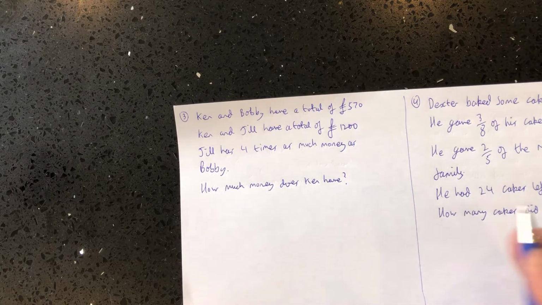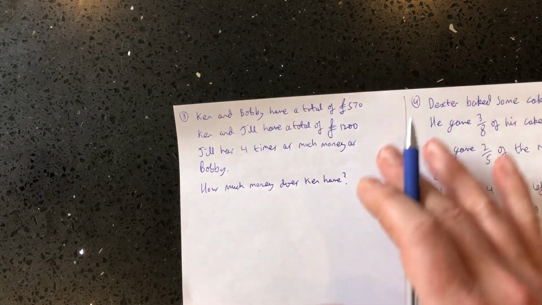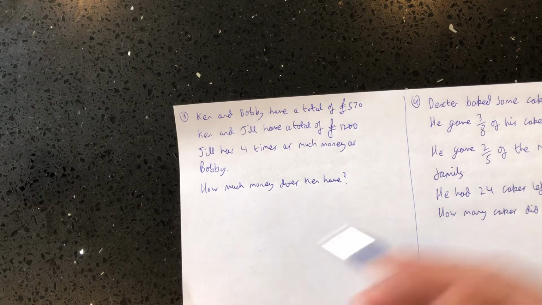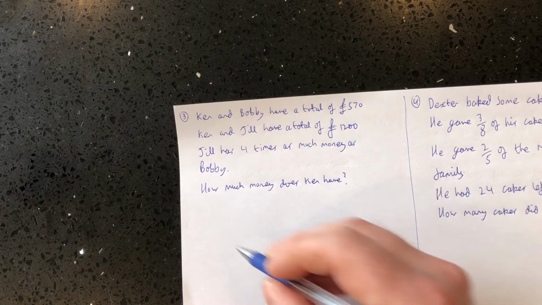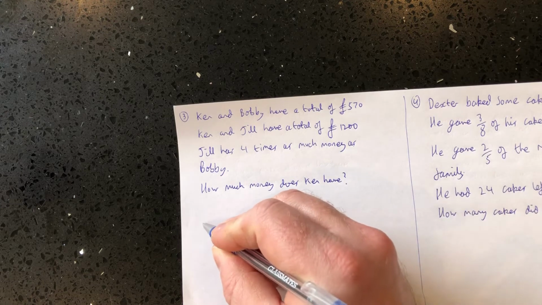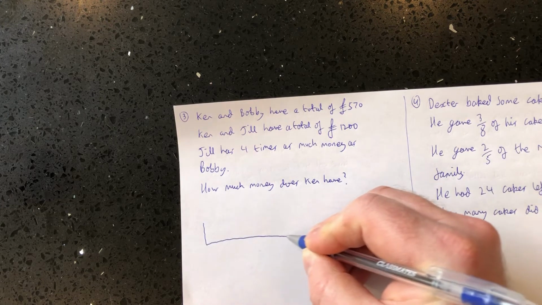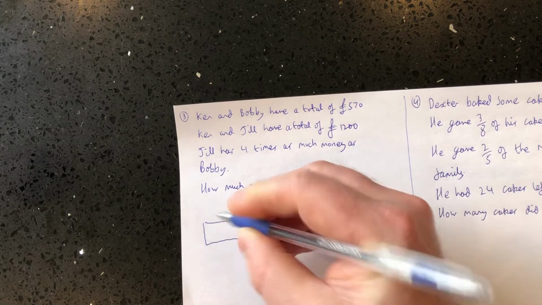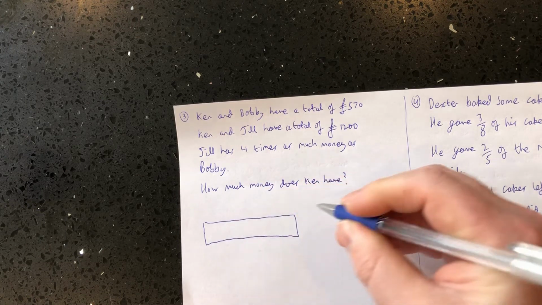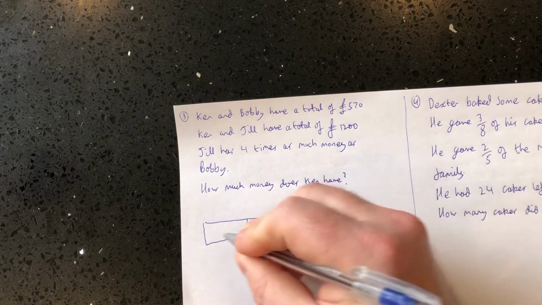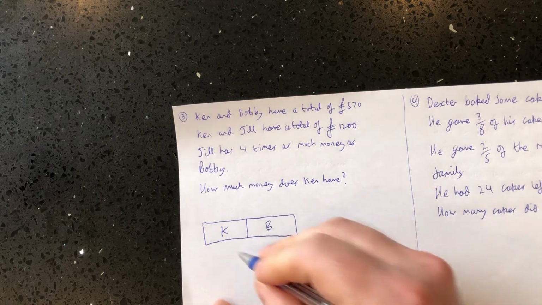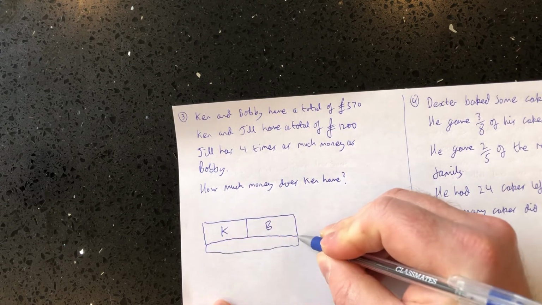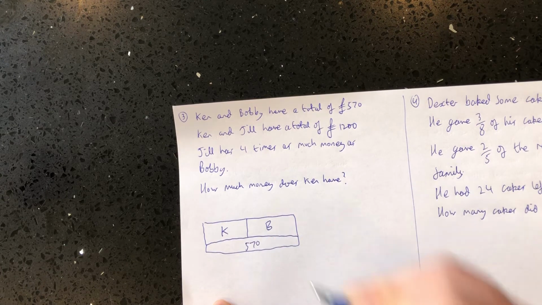Ken and Bobby have a total of, so when I was first doing this, I'm still not entirely sure it's the best way. And again, if you have a better way of modeling this, but you tend to just go for it. So Ken and Bobby have a total. So this is Ken, and we'll do Ken and Bobby. Ken, Bobby. So they've got a total of 570.